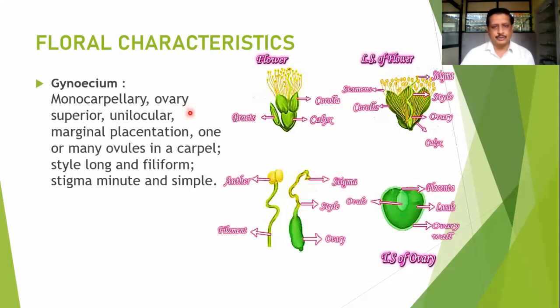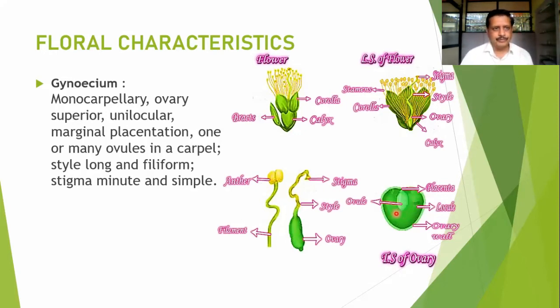Ovary is usually a superior structure. Here in the flower, you can observe that the ovary is superior, and all other whorls, calyx, corolla, androecium, originate from below the level of the gynoecium. So the ovary is superior, unilocular and having a single placenta.